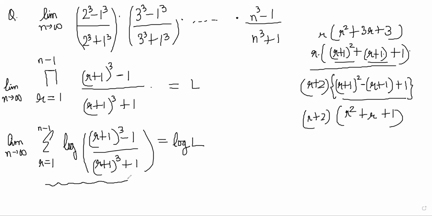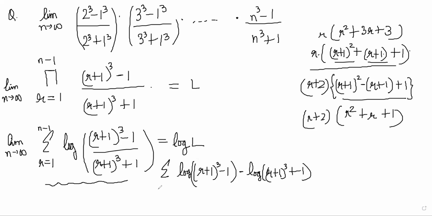It doesn't seem to be helping. Am I getting any cancellations? So I'm getting log of (r plus 1) whole cube minus 1 minus log of (r plus 1) whole cube plus 1, and I am supposed to do a summation from r is 1 to n minus 1, right?